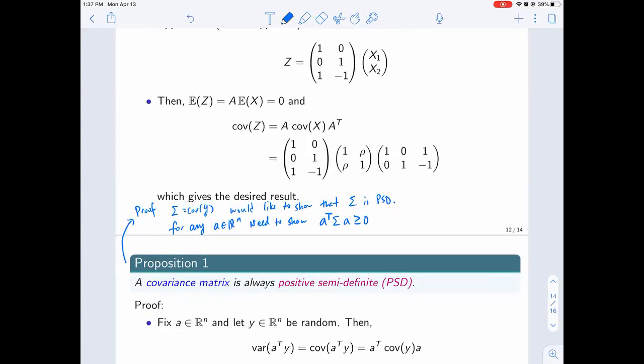Okay. So A transpose sigma A is just A transpose covariance of Y times A. Does this look familiar to people?